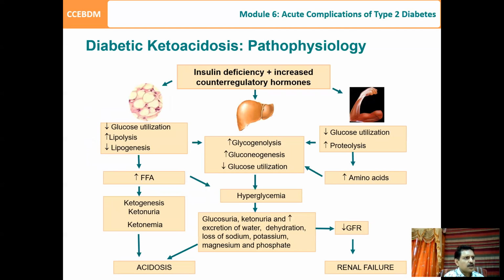Now let us come to the pathophysiology of diabetic ketoacidosis, why it occurs. We have to understand that glucose is a very, very important fuel, or we can say the only fuel in some of the tissues, importantly the brain. Fortunately, the entry of glucose into the brain doesn't depend on insulin.